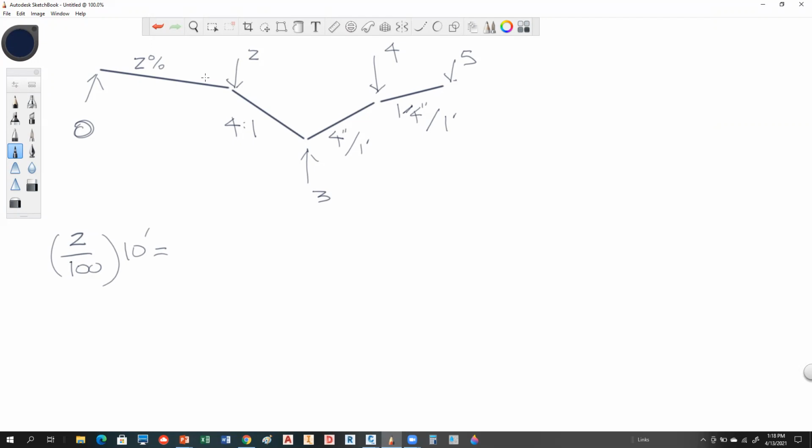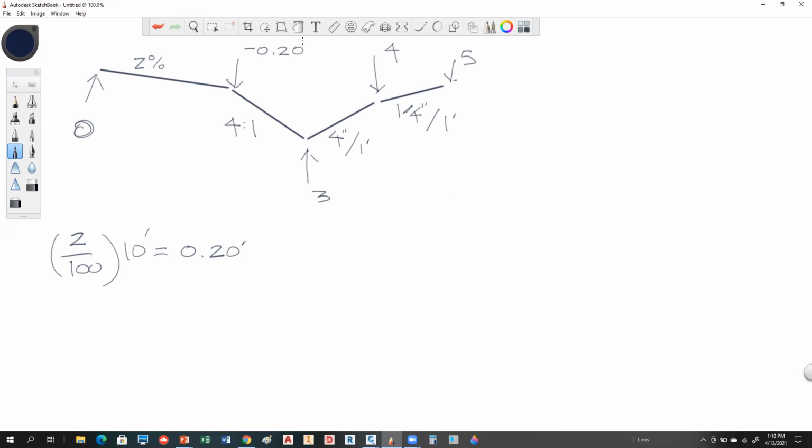How much is it dropping from the center line to the edge of pavement in 10 feet? 0.2 feet. So what we would say is that this right here, as related to the center line, would be negative 0.2 feet.